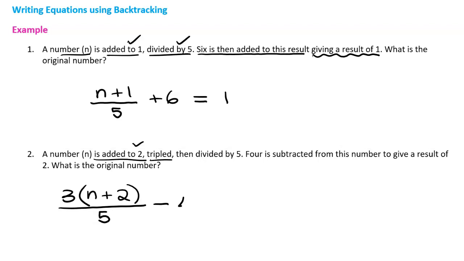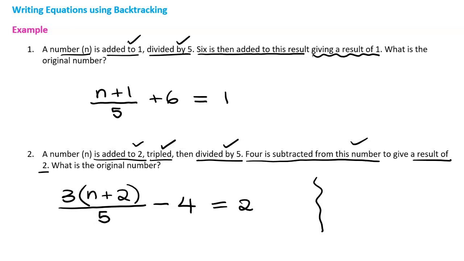So now we need to take away 4. And this gives a result. There we go, tripled, divided by 5. 4 is then subtracted, and we get a result of 2, equals 2. So that's how we'd write an equation here. Always look out for those things like tripled or result. Sometimes those words mean we need to think about it a little more carefully.